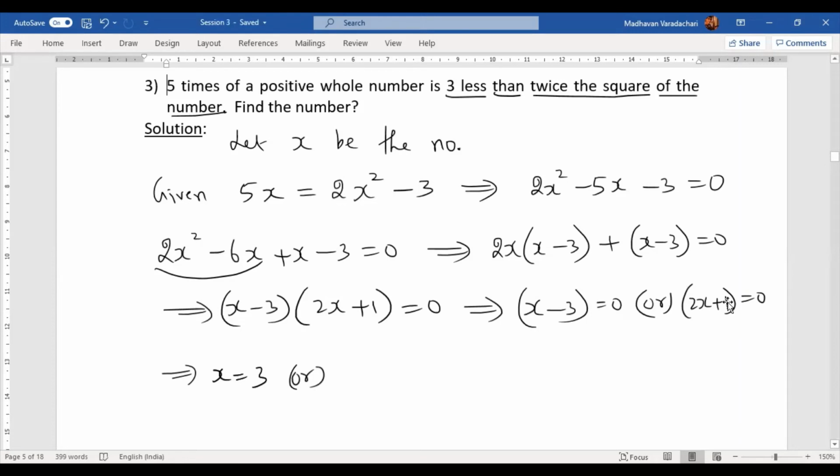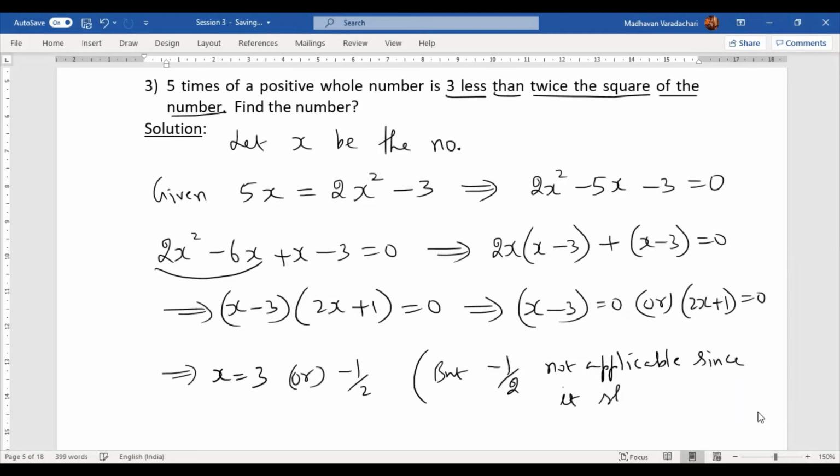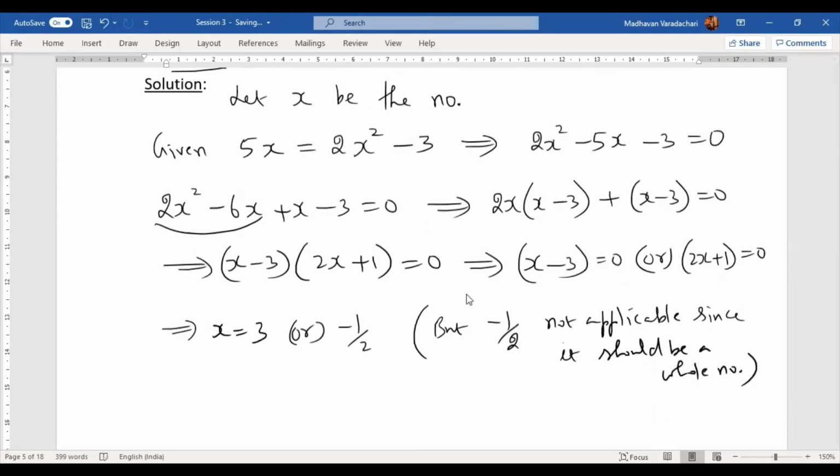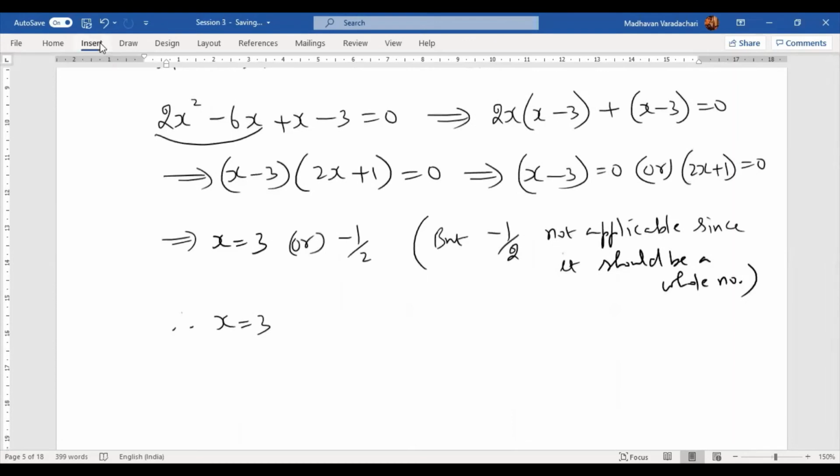If I equate this to 0, I will get negative 1 by 2, but negative 1 by 2 is not applicable, since it should be a whole number. So we are not going to consider that. So we will consider only x as 3. Therefore, x equal to 3. That is the solution for this.